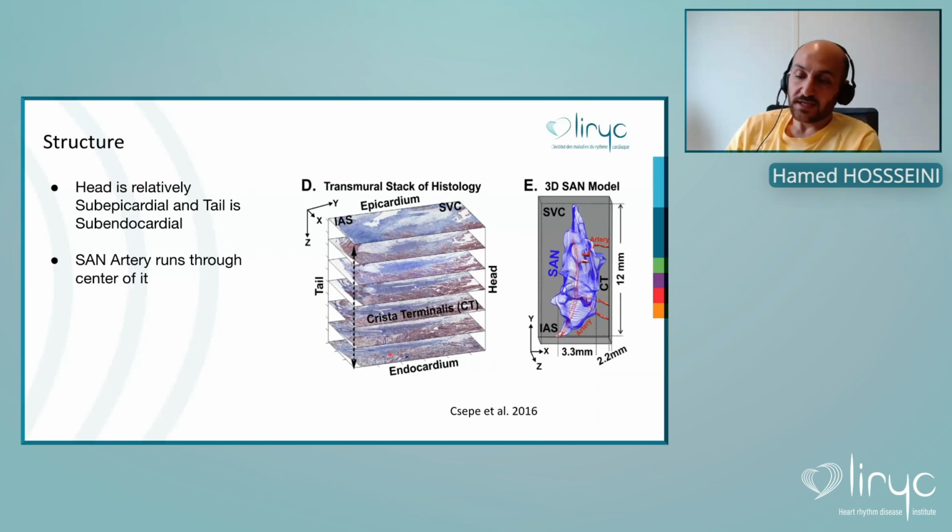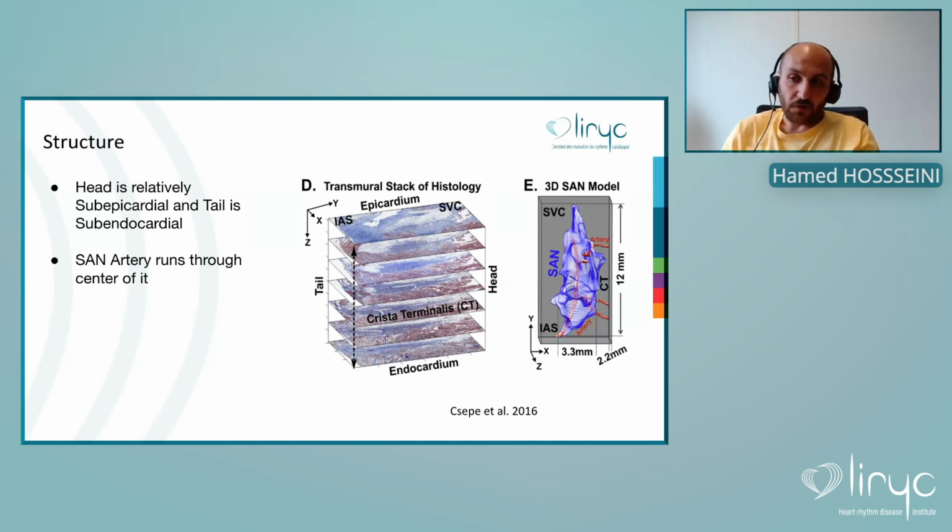But the SA node is somehow tilted, in a way that the superior part of the SA node is more toward the epicardium, and the inferior part of it is more toward the endocardium. Another way to understand the whereabouts of the SA node is the artery that runs through it. It originates from the RCA, and in this way, you can see the SA node easily.